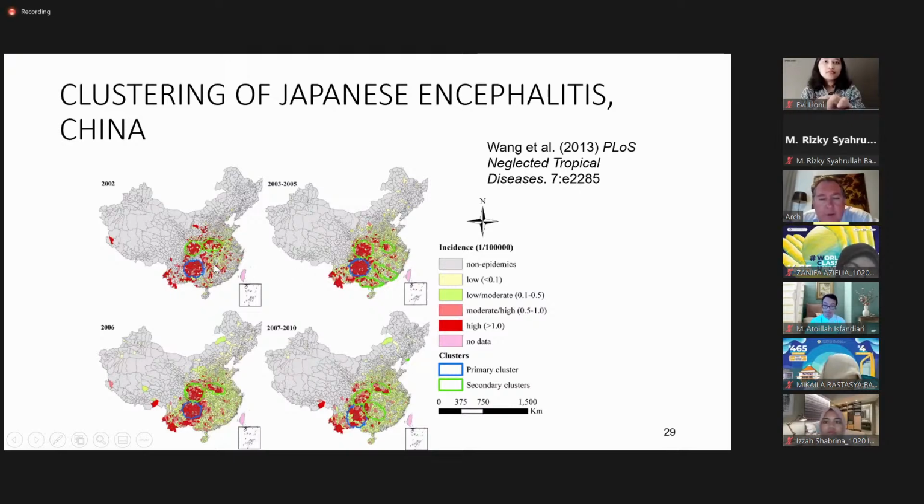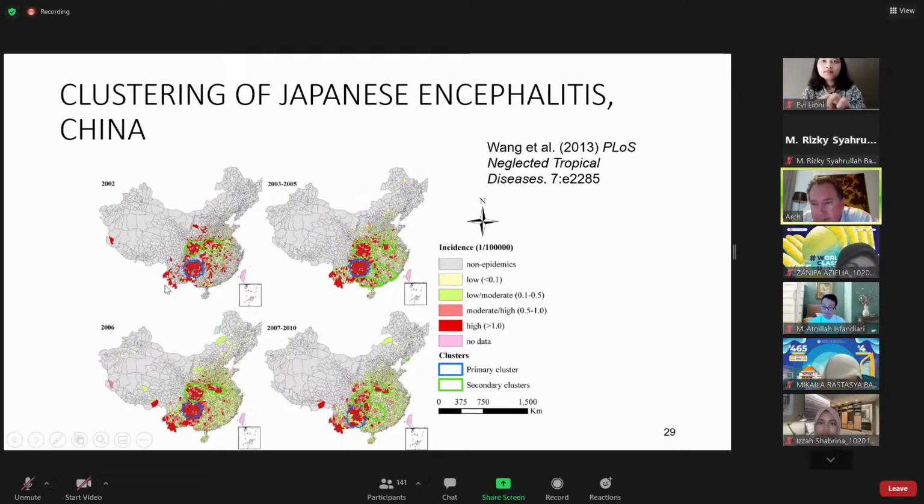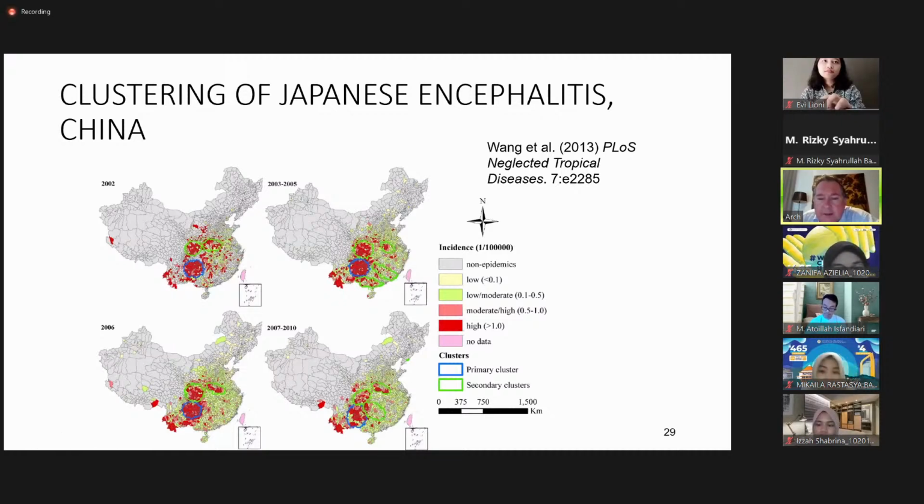What a cluster means is that disease risk within the cluster is statistically higher than disease risk everywhere else. Or in statistical terms, disease risk is higher than what would be expected if the underlying risk of disease was homogeneous, in other words, evenly spread across the study area.